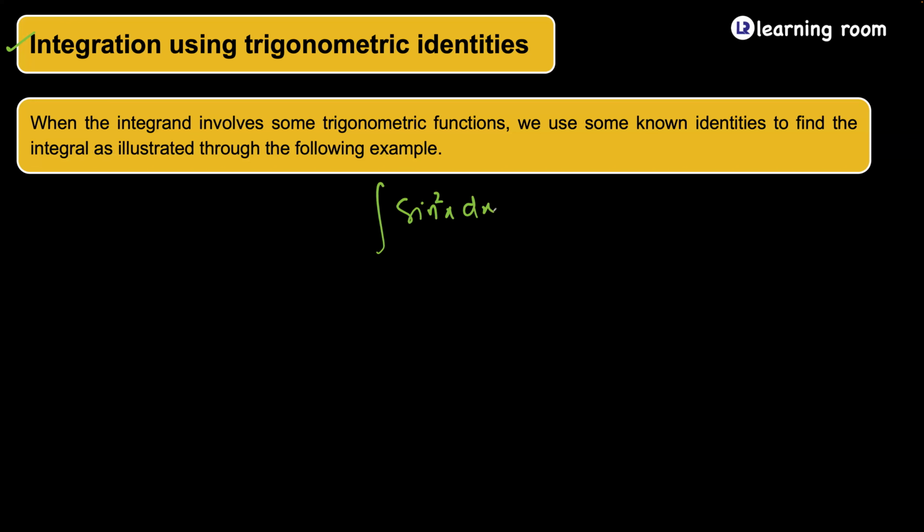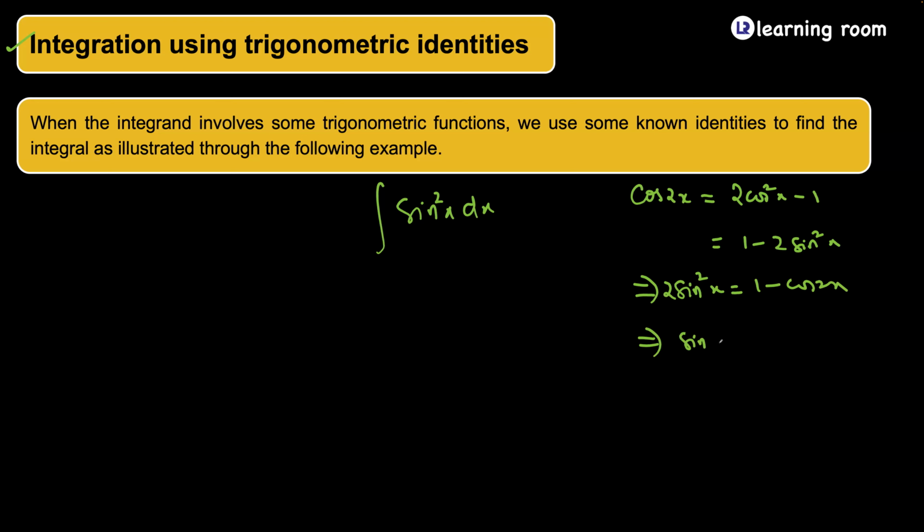So what I'm trying to tell you here is, for example, if you take cos 2x, cos 2x is going to be equal to 2 times cos square x minus 1, or 1 minus 2 sine square x, which implies 2 sine square x is equal to 1 minus cos 2x, or sine square x is equal to 1 minus cos 2x the whole divided by 2.